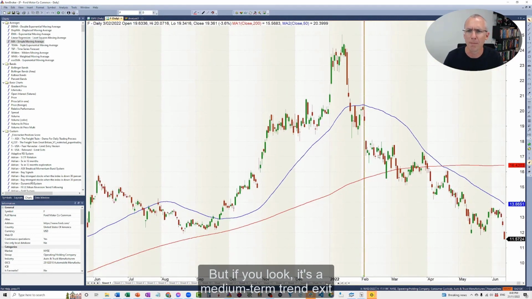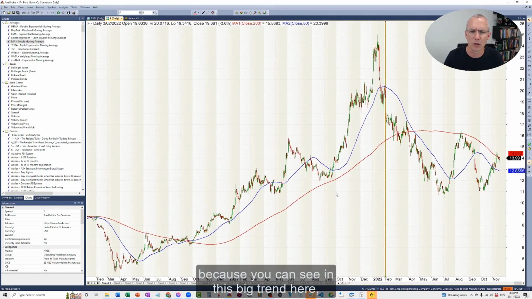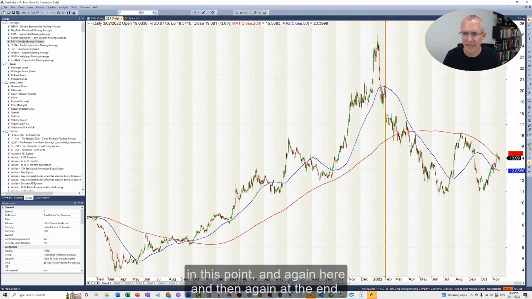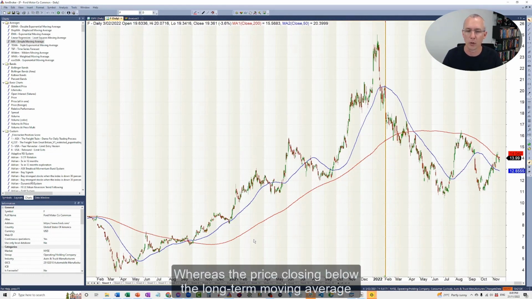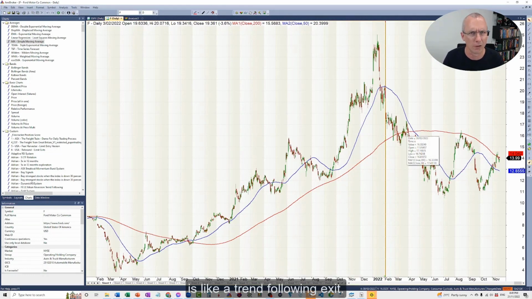But if you look, it's a medium-term trend exit, because you can see in this big trend here, the medium-term moving average ticked down at this point, and again here, and then again at the end. So it's more like a medium-term swing trading exit, whereas the price closing below the long-term moving average is like a trend following exit.